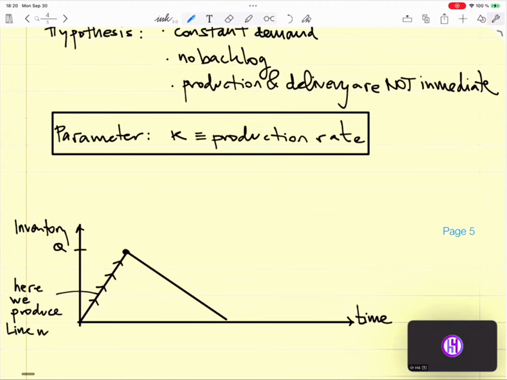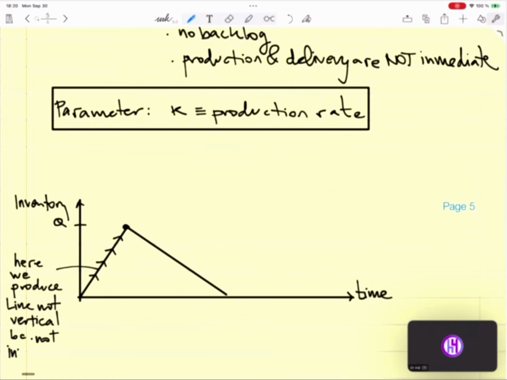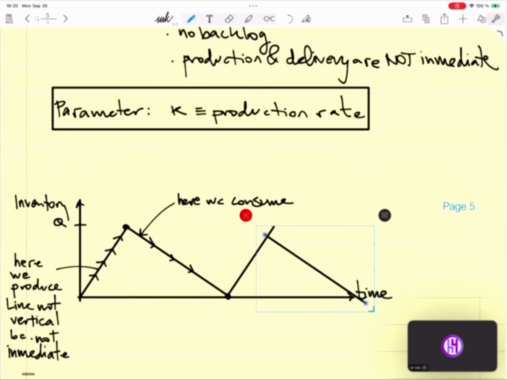The line is not vertical because it is not immediate. And here we consume, the inventory goes down, okay? Until we reach 0, and then it continues the same way, okay? We produce, and we consume, and all the time the same, okay?